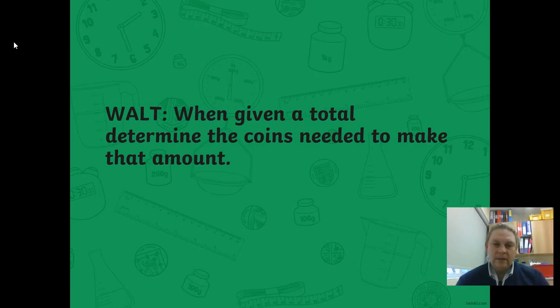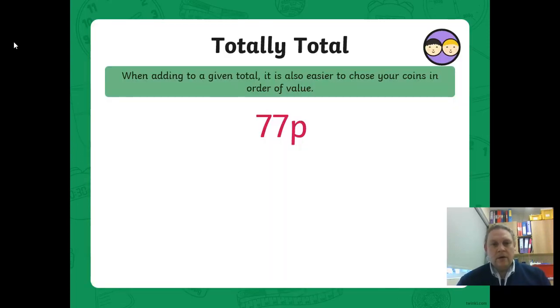Our goal is, when given a total, determine the coins needed to make that amount. When adding to a given total, it's easier to choose your coins in order of value. Remember, we were talking yesterday about when we've got a target number like 77p.